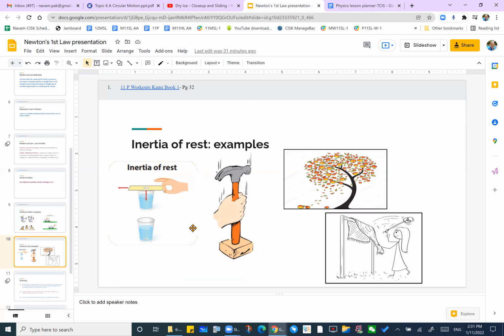Or even better, you can do this as a challenge: you ask your family members or friends, can they get the coin in the water without touching it and without actually holding the card? The way to do that is to flick the card with your finger. The card moves on. The coin remains at rest because it's heavy, and later you'll see how the heaviness, or mass, of an object aids its inertia, and the coin falls into the water.